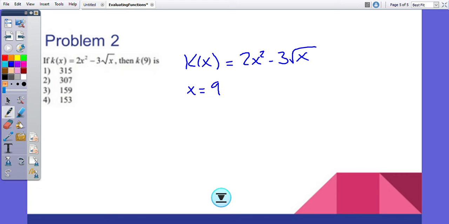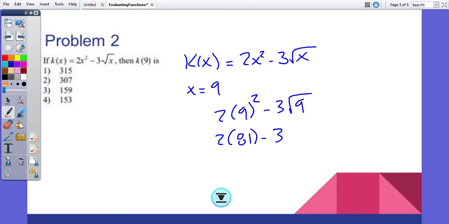What we want to do is substitute 9 into our function. That's going to give us 2 times 9 squared minus 3 times the square root of 9. We do it in parts, and first we get the 9 squared, so that's 2 times 81 minus 3 times the square root of 9.